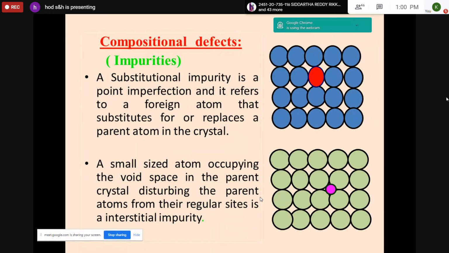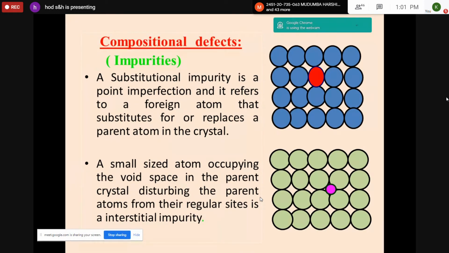So compositional defects are impurities. If a foreign atom occupies a regular position within the given crystal, then it is called a substitutional impurity. And the second category is interstitial impurity. If a foreign atom occupies a void space or irregular position in the given crystalline lattice, then it is called an interstitial impurity.